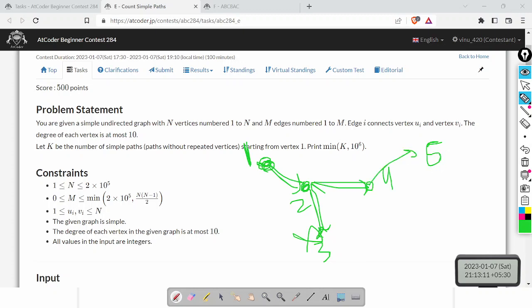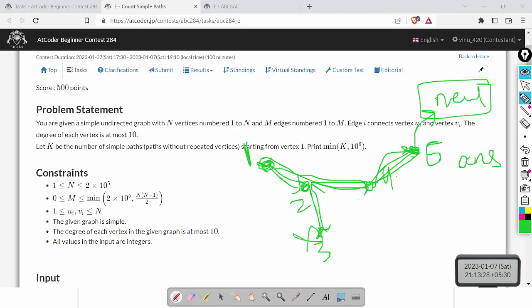Every time we go to some new node, say 5, we have found one possible path, so we increment our answer. Each time we explore one new path, and we never find the same path again and again. So we can find all the paths in a recursive manner. How to find the path? This is the big question.